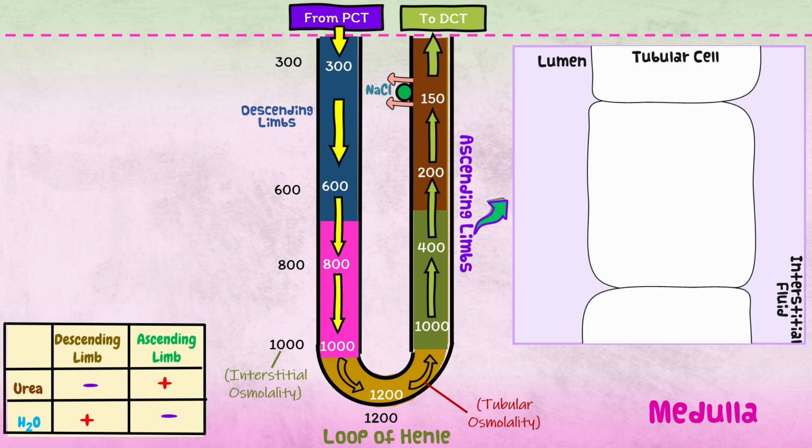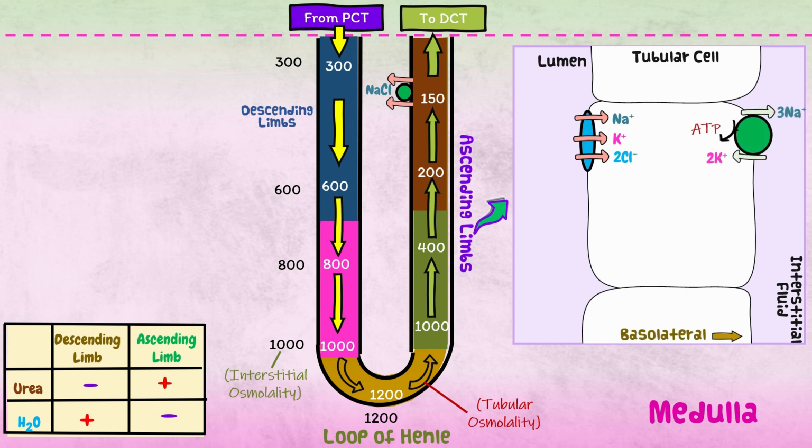The thick ascending limb actively reabsorbs sodium and chloride from the tubular fluid by means of apical sodium-potassium-chloride cotransporters. Sodium is primarily transported across the basolateral membrane by sodium pumps, and some by sodium-bicarbonate cotransport, and chloride by diffusion.